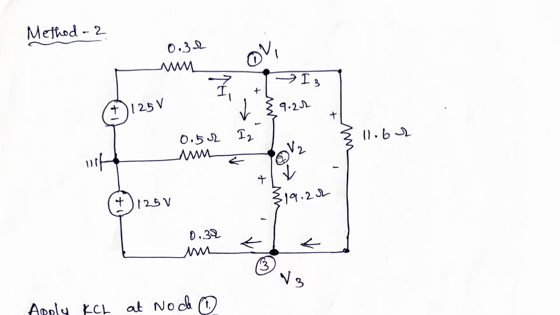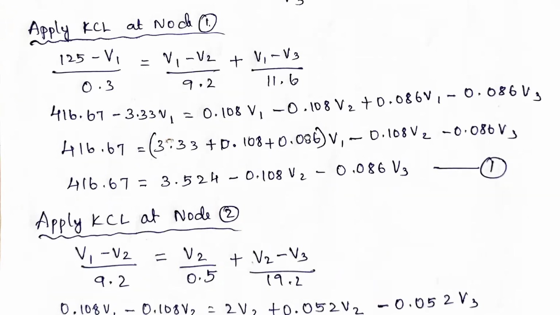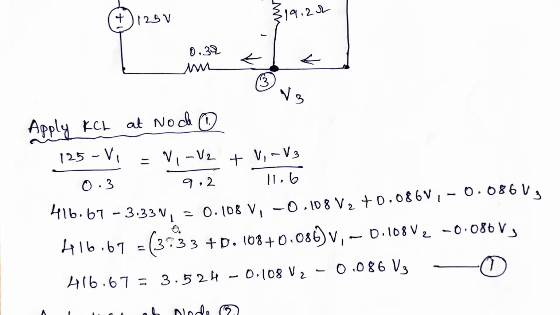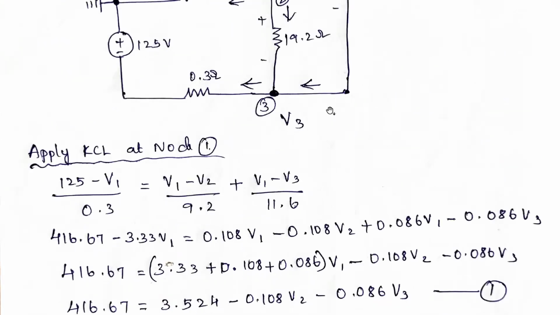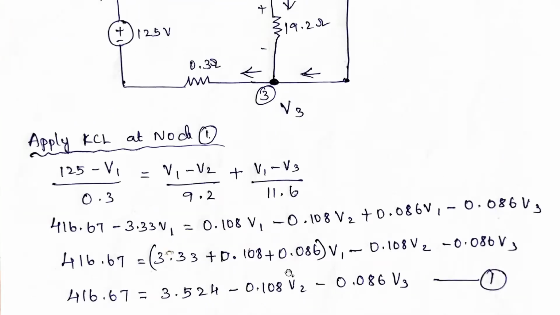So V1 minus V2 divided by 9.2 is equal to V2 minus 0 divided by 0.5, because this is the reference node with 0, plus V2 minus V3 divided by 19.2.